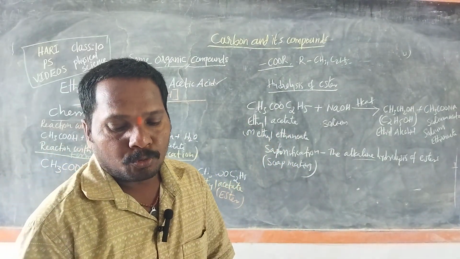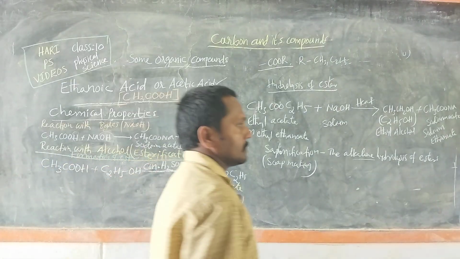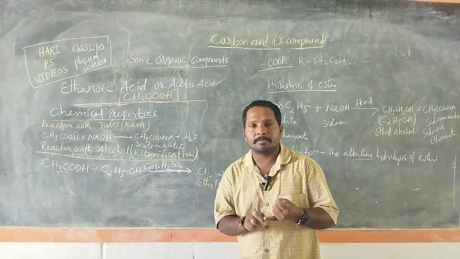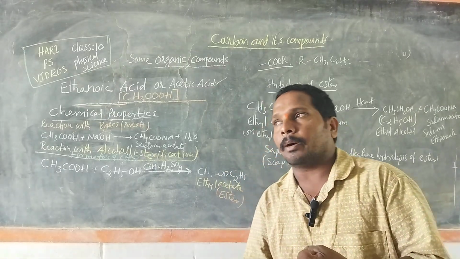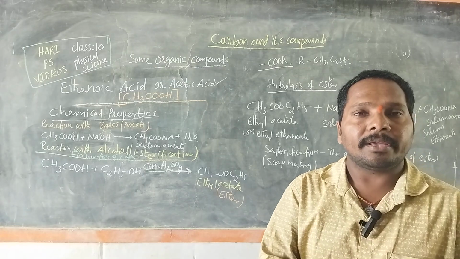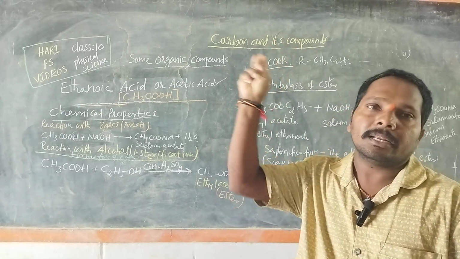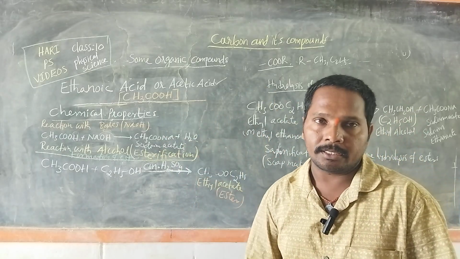So, to test for carboxylic acids, we use 3 reactions. One is the litmus paper test. Then reaction with carbonates and bicarbonates, in which carbon dioxide gas is liberated and turns lime water milky white.